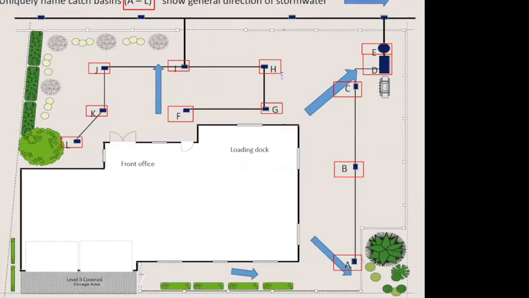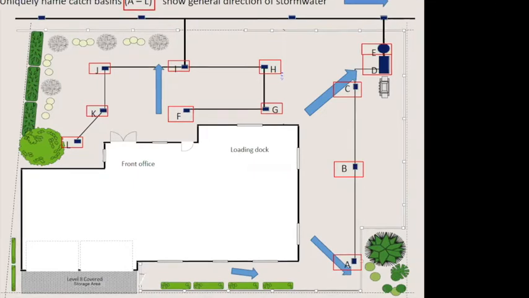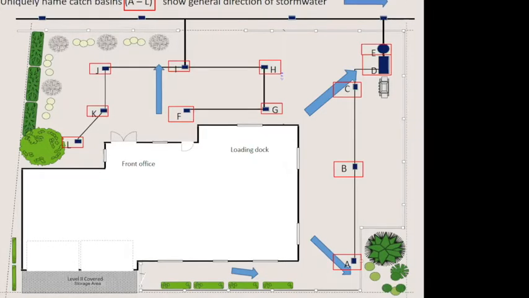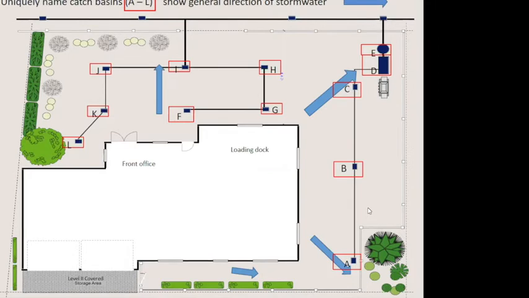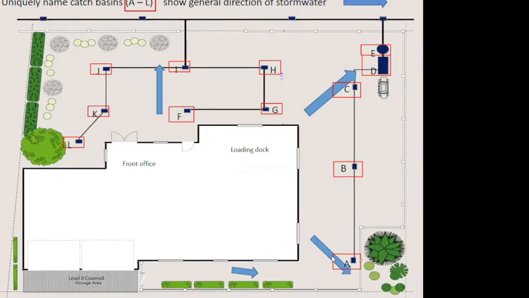One of the reasons why you want to do that is say A and B get really hit hard with a lot of sediment because maybe the trees from the wetlands, leaves, needles, soil, especially if this is your entrance for big trucks, they may bring in a lot of dirt and stuff from the main road as well. So you want to be able to say, we need more extensive cleaning in A and B and maybe C.